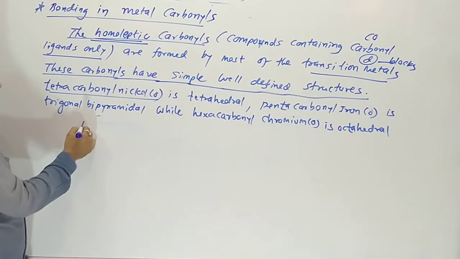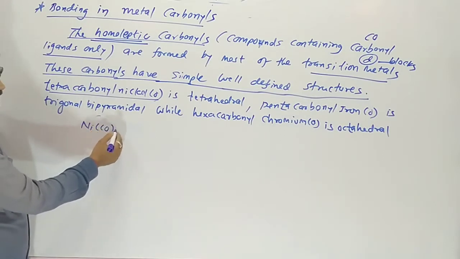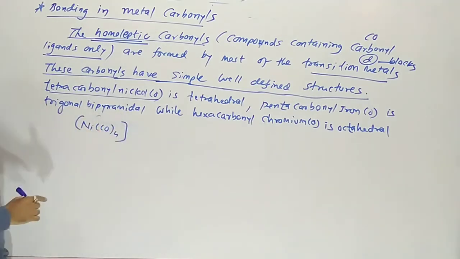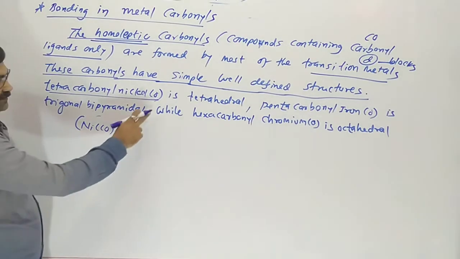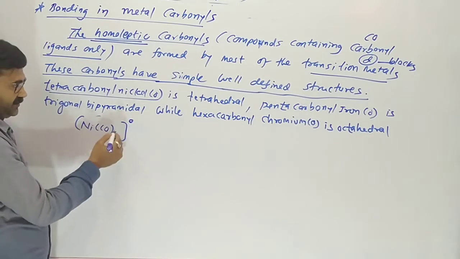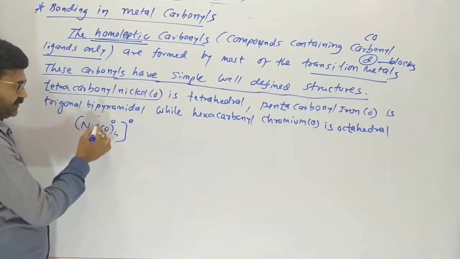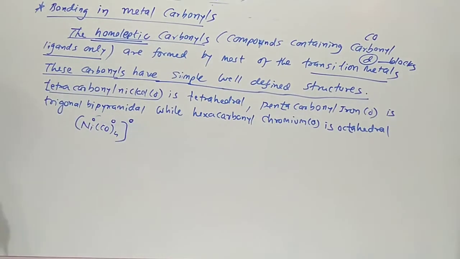For example, tetracarbonyl nickel(0), Ni(CO)4. You can see it is neutral, there is no counter ion, here 0, 0. Carbonyl is neutral, here 0. It is tetrahedral.